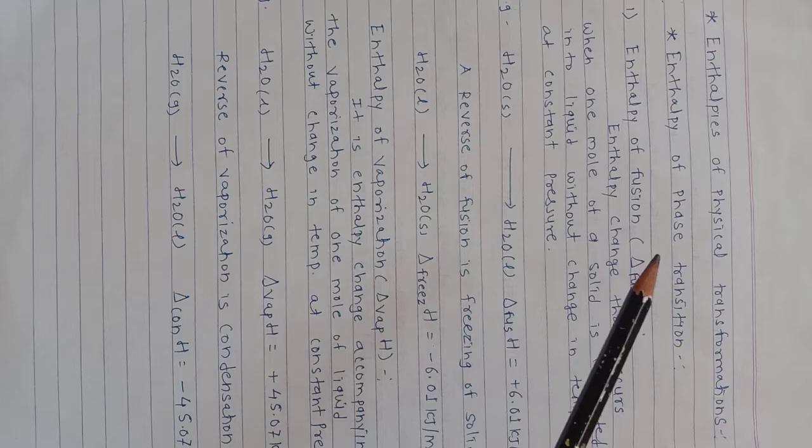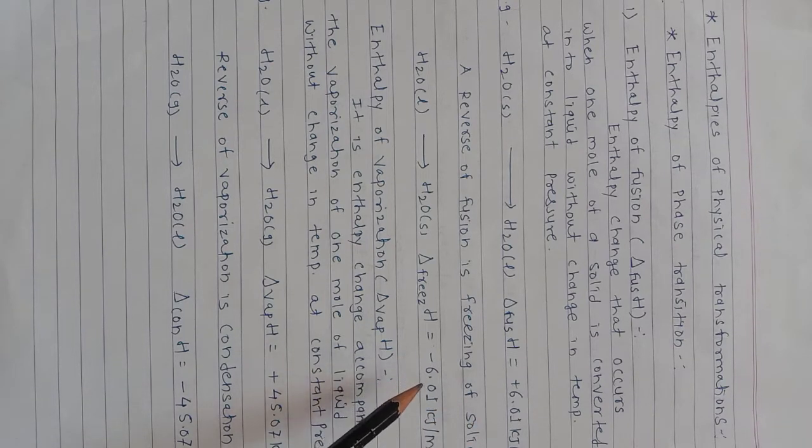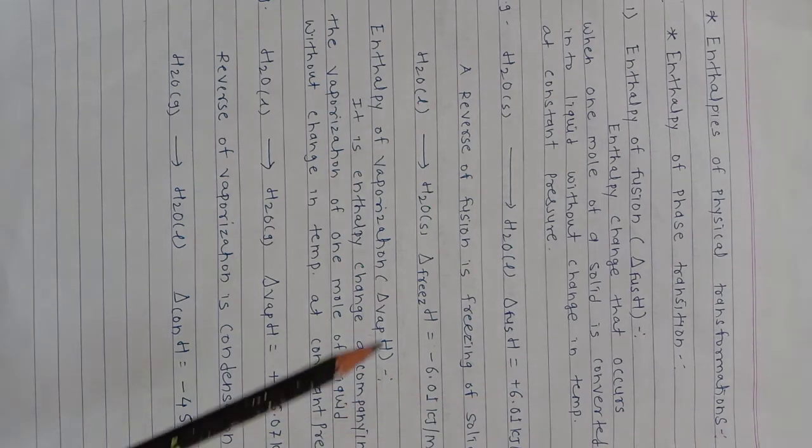So these are two enthalpies of phase transition. Enthalpy of fusion means solid is converted into liquid without change in temperature at constant pressure. It requires plus 6.01 kilojoule per mole. The reverse of fusion is freezing, therefore the value becomes minus 6.01 kilojoule per mole. Enthalpy of vaporization means liquid is converted to gas, the enthalpy change accompanying vaporization of 1 mole of liquid without change in temperature at constant pressure.